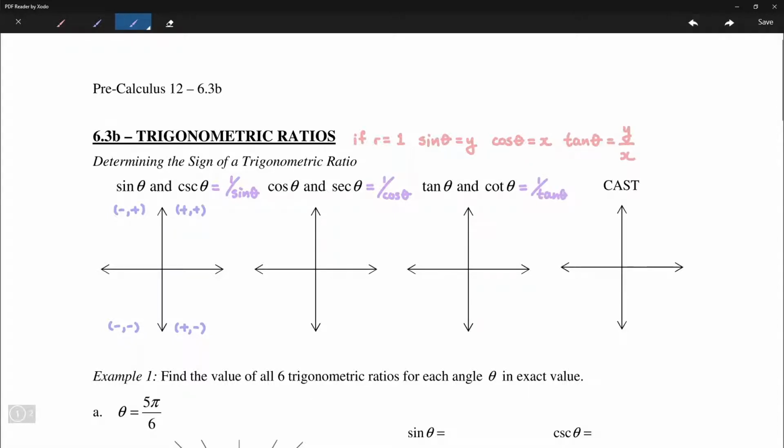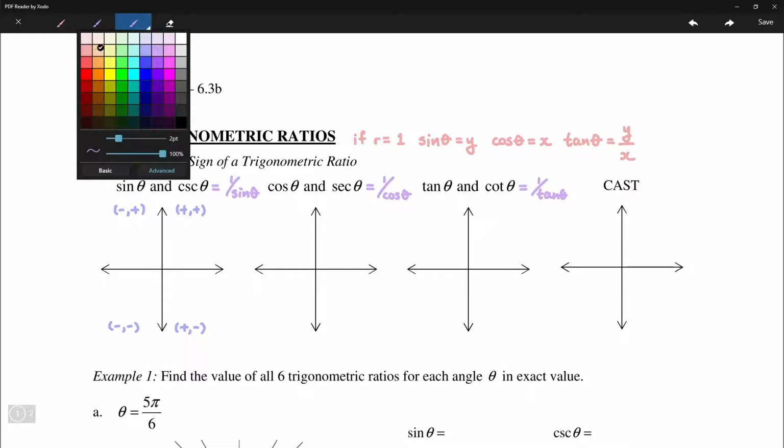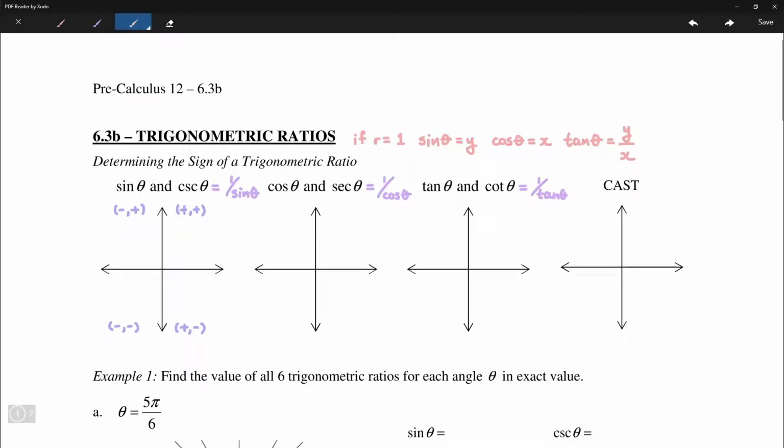We know the following. In quadrant 1, sine theta and therefore cosecant theta will be positive because the y-coordinate is positive there. Likewise in quadrant number 2. In quadrants number 3 and 4, however, both sine theta and cosecant theta will be negative.